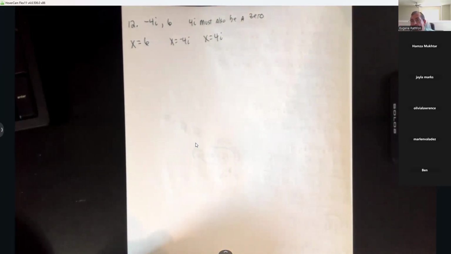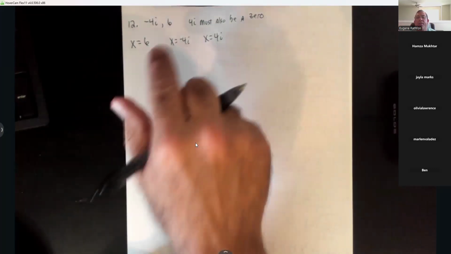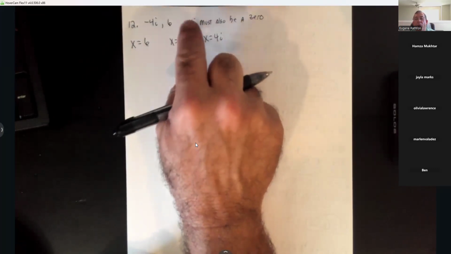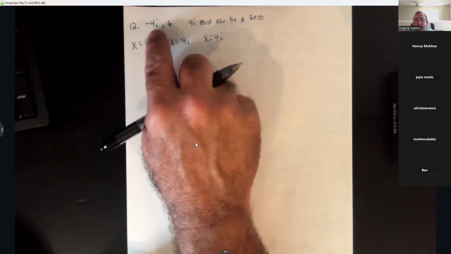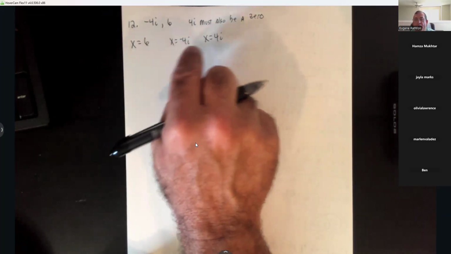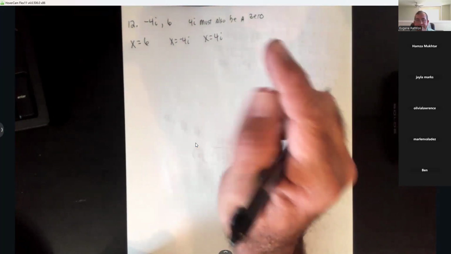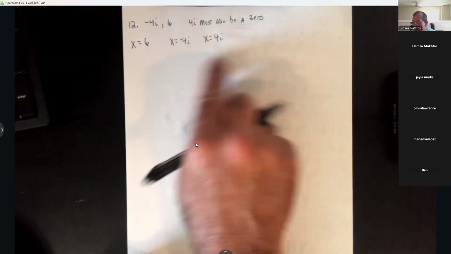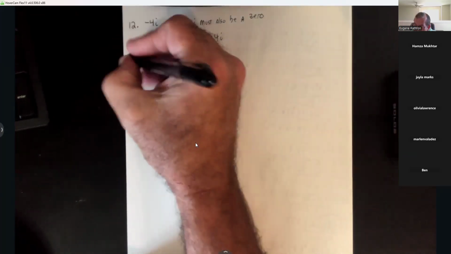So it's another one of those foiling problems. The only difference between it and the ones earlier is they're not giving you all the zeros, and you got to realize that the i's definitely come in conjugate pairs, okay? All right, at this point, I'm going to solve it like I have been.